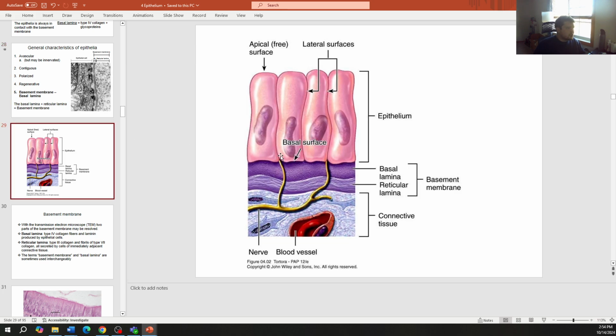Here's just another picture kind of going over that. The apical surface is the top. Basal surface is the base or the bottom. You have the epithelial cells, the basement membrane made up of the basal lamina and then the reticular lamina, and then we get even deeper than that. We see our connective tissue.